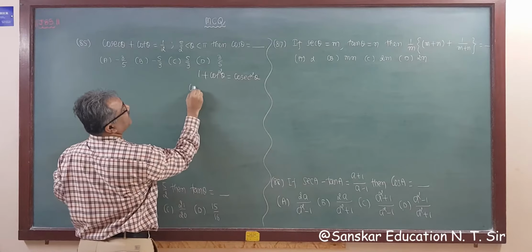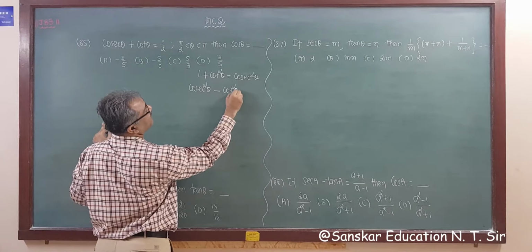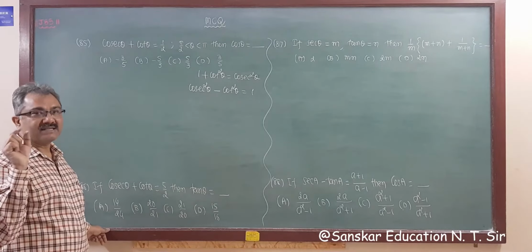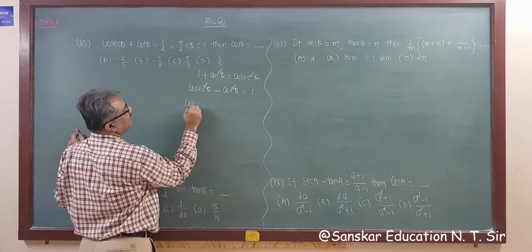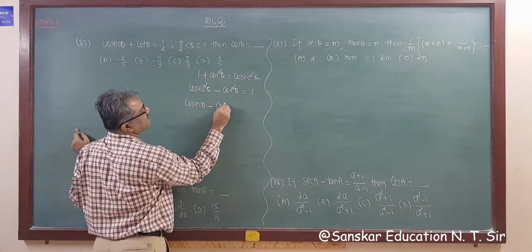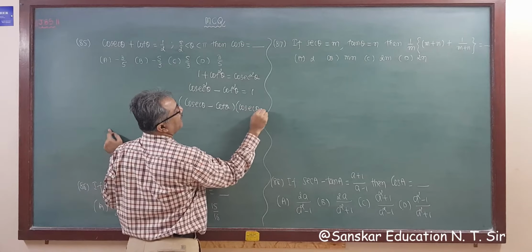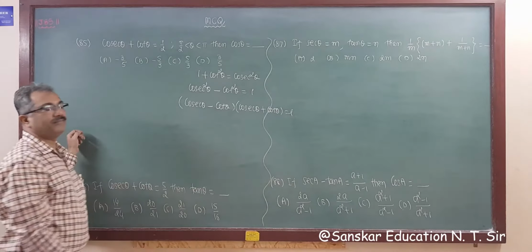And I discussed in my starting lecture that if we factorize this, then cosec theta minus cot theta times cosec theta plus cot theta is equal to 1.